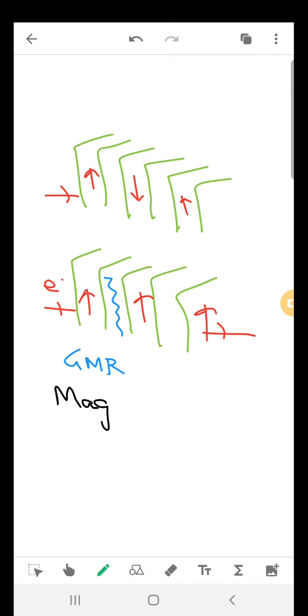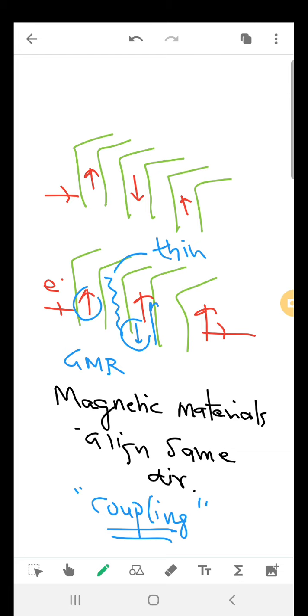This is called coupling. So the thickness of the spacer layers influences the coupling of the spin valve.